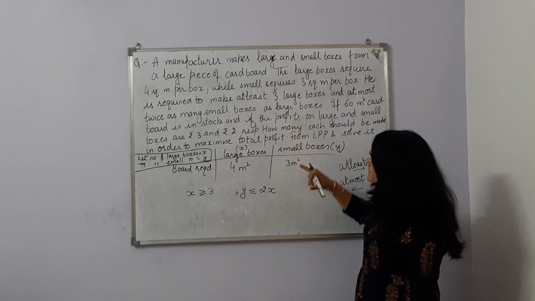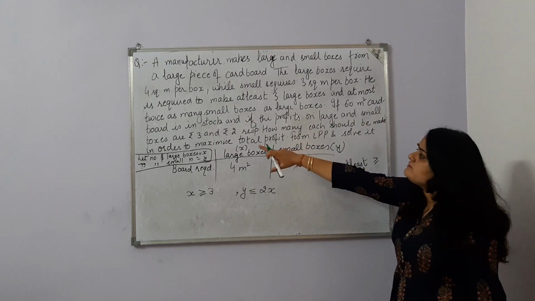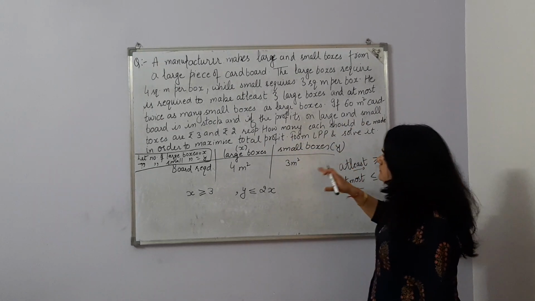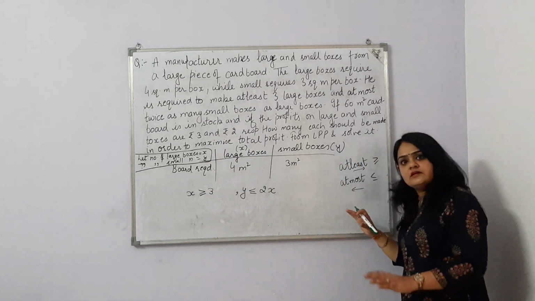Now the next line is, 60 meter square cardboard is in stock, that means total cardboard area is 60 meter square, from which he needs to manufacture large boxes as well as small boxes.